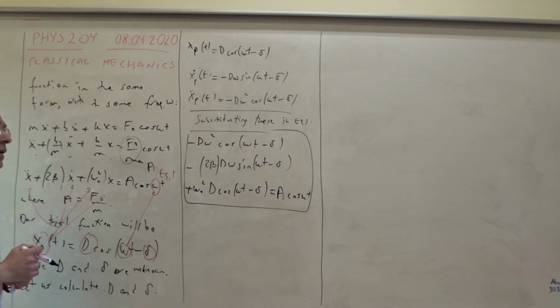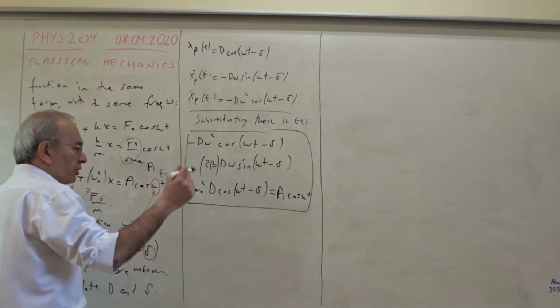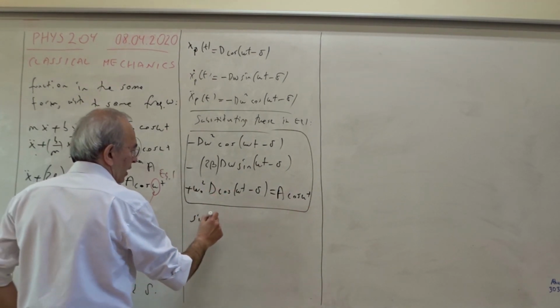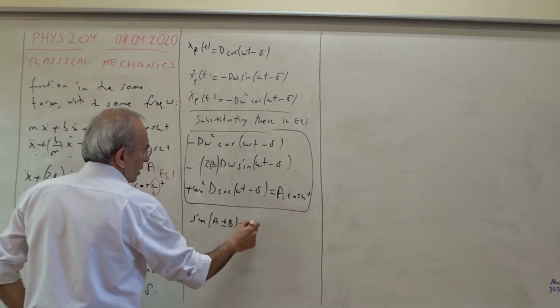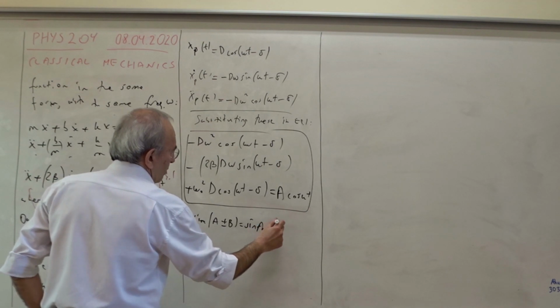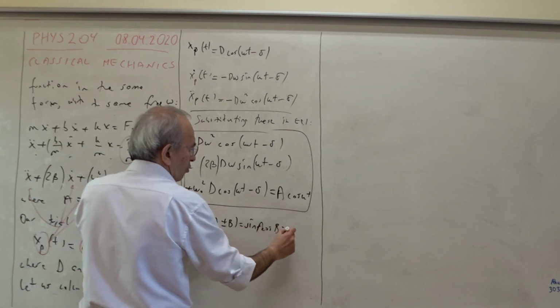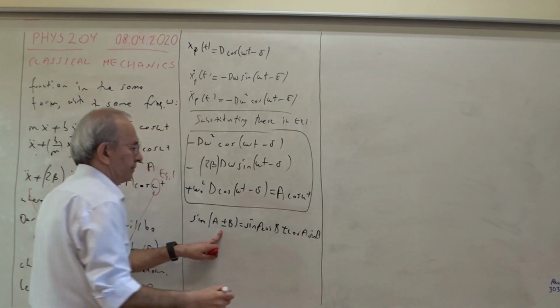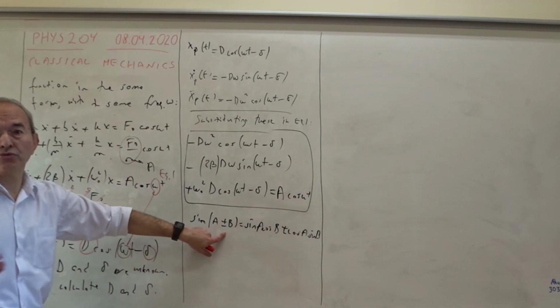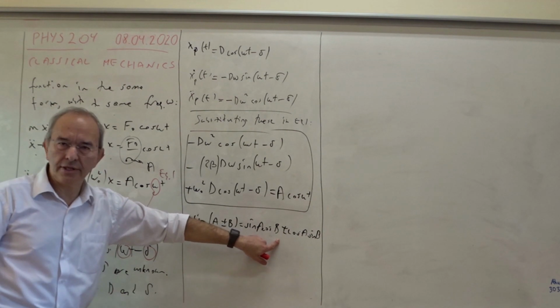Now we will apply some simple trigonometric identities. From trigonometry, we know that sine of A plus or minus B is sine A cosine B, again plus or minus cosine A sine B. If you have the addition or subtraction of two angles, we apply the right hand side.